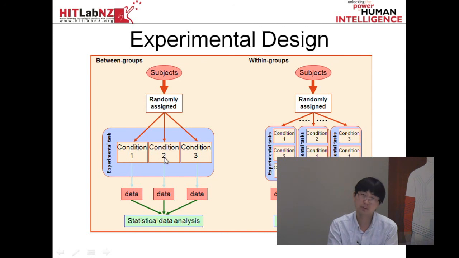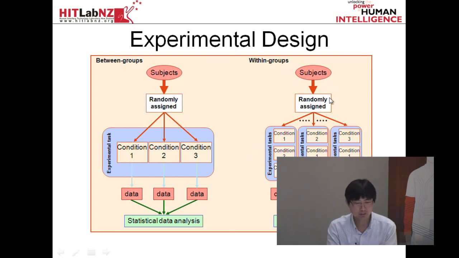Another 4 try condition 2. Another 4 try condition 3. But the way you assign each of the participants to each condition should be decided randomly. Okay? By random, you can throw a dice, or use a random table or whatever.